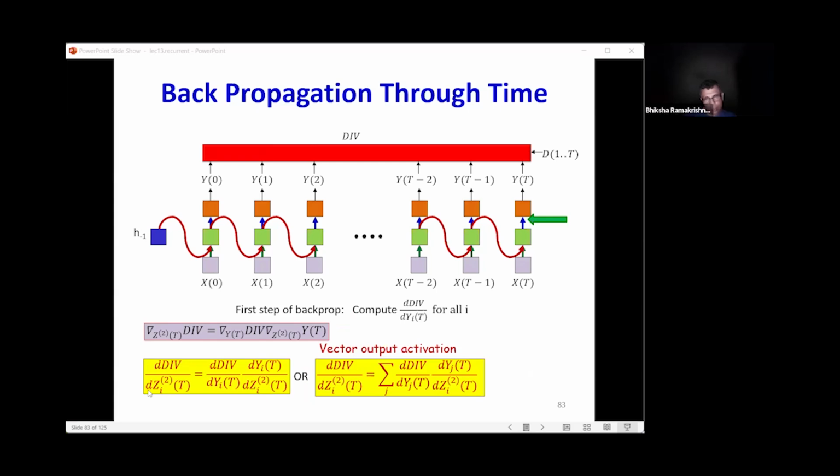Ignore the pictures and the text in yellow. Those are just the scalar versions of the derivatives. So the derivative of the divergence with respect to z2 is going to be the derivative of the divergence with respect to y times the Jacobian of this activation function. You remember that? Yes or no?